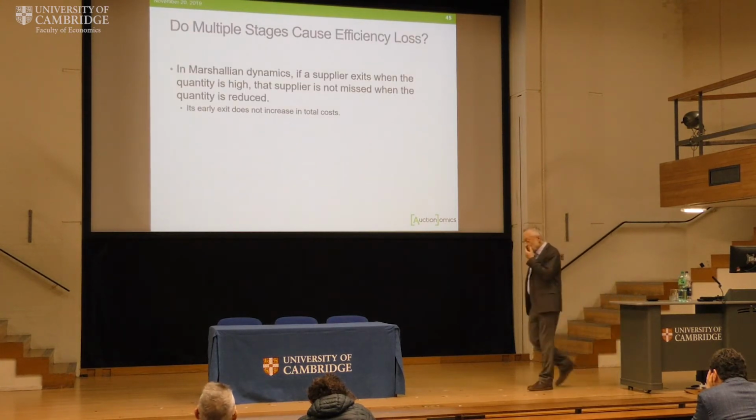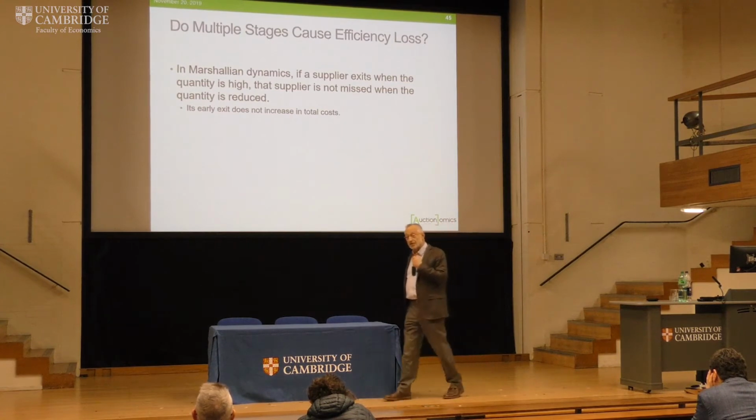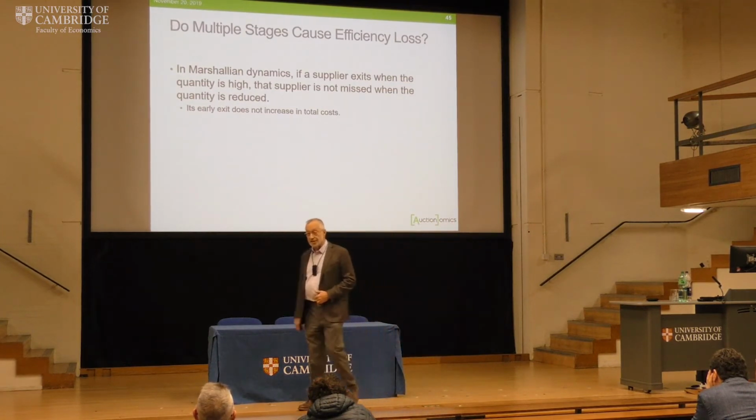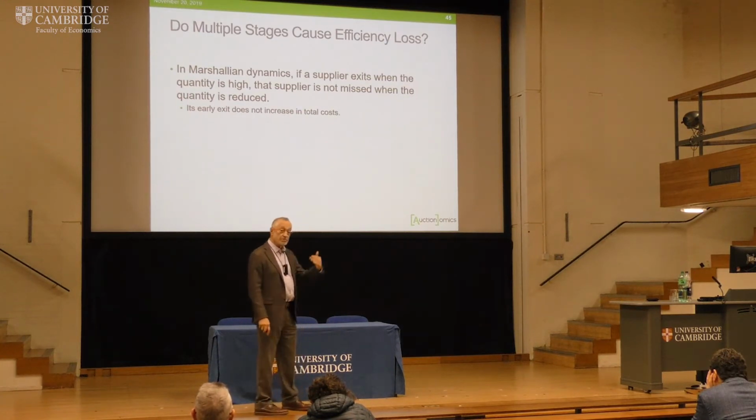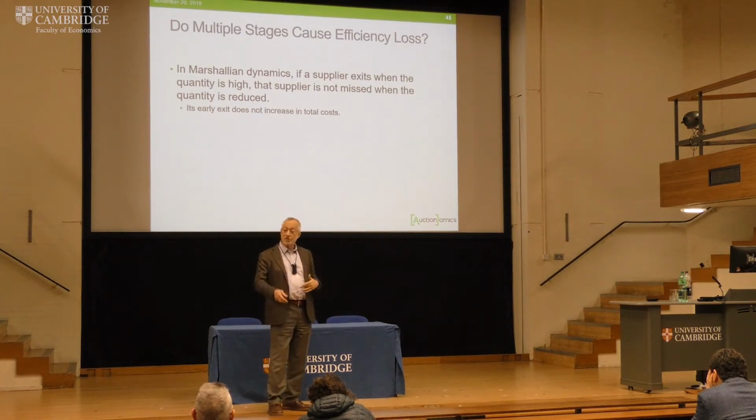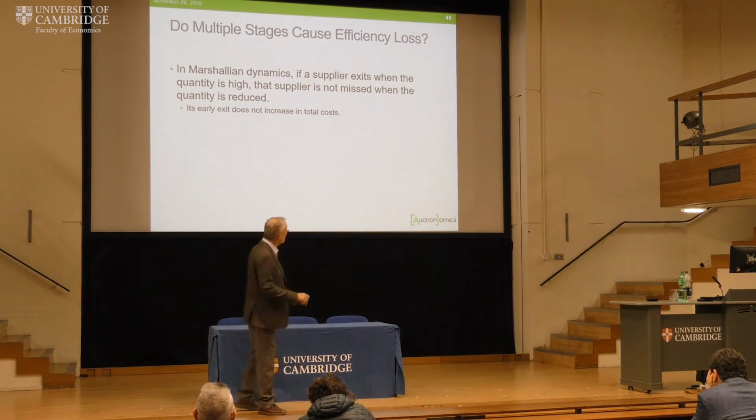Okay, so what are the consequences of this from the standpoint of efficiency? Yesterday, I described the efficiency of the auction holding the number of channels to be cleared fixed. But suppose that we have to go through multiple stages. We have to do something resembling Marshallian dynamics here.